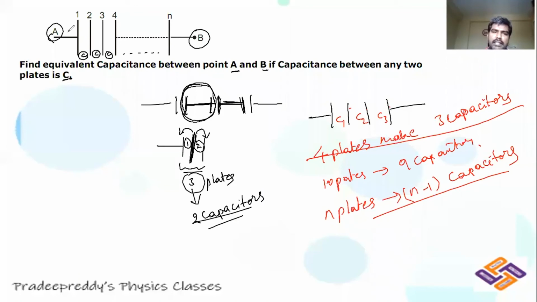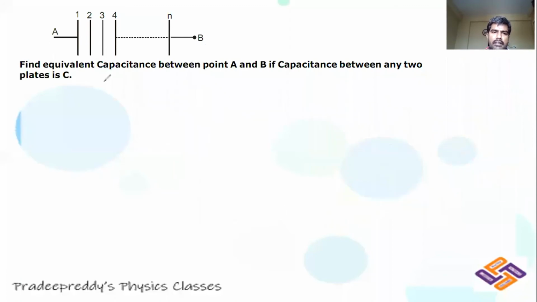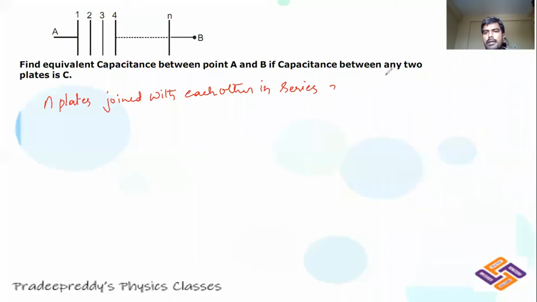So there are n minus 1 capacitors overall. So I can write down the conclusion as: n plates joined with each other in series make n minus 1 capacitors.